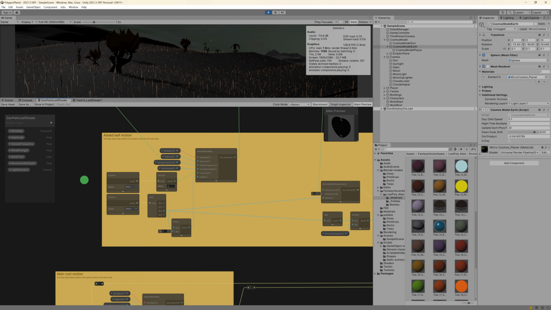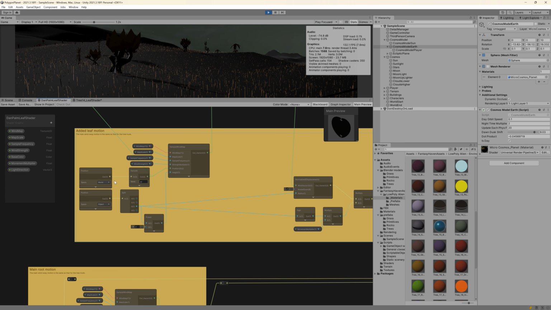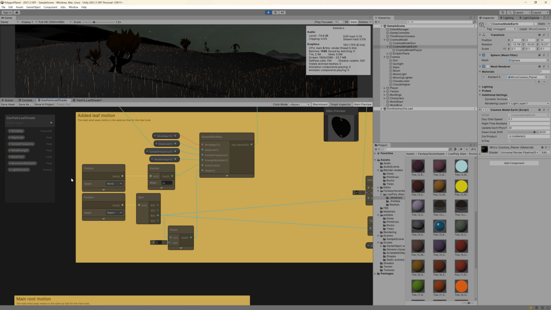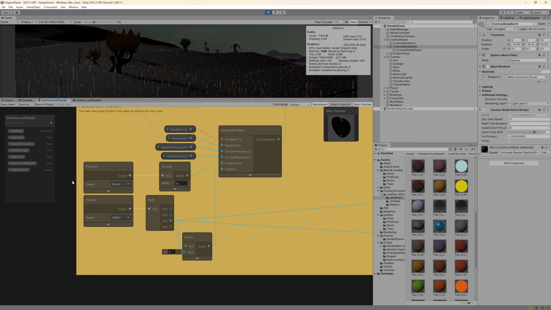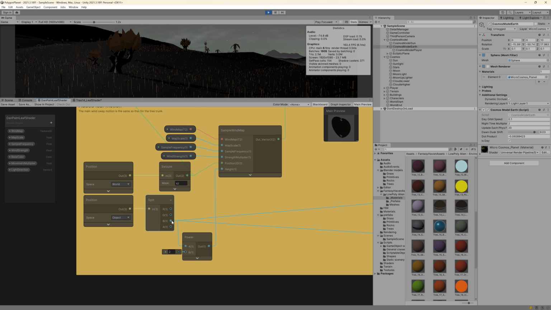Then I want to add my leaf motion. So this is the bit that is about the vertex of the leaf. So the actual channel B is in Blender. Z and Y are switched round. So in Unity it would normally be the second parameter, but in Blender it's the third parameter. It's a bit of a nuisance.